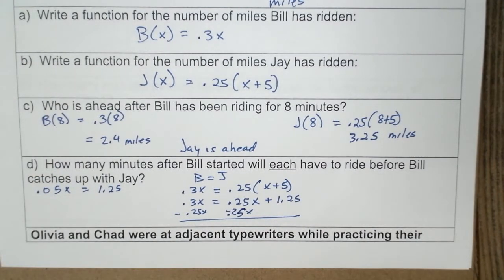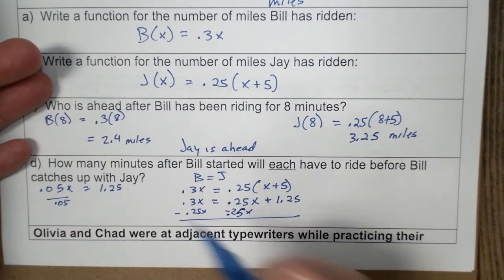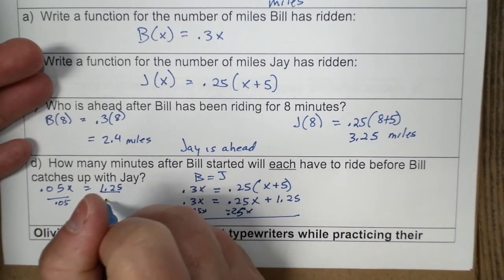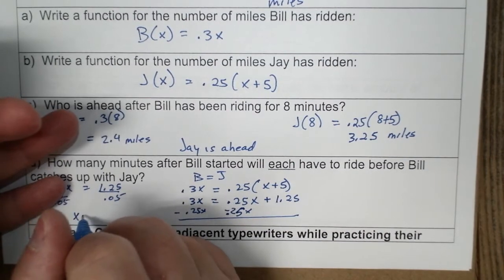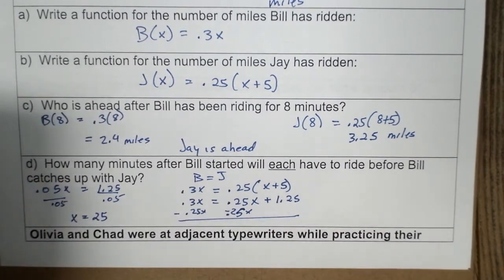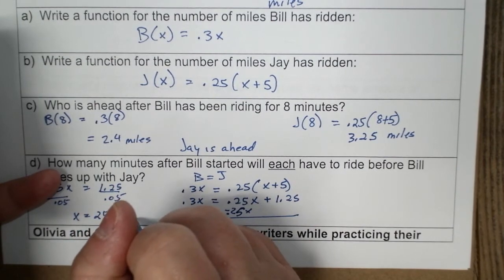I'm going to divide both sides by 0.05, and divide this by 0.05. And x equals 25. And x was, the label was minutes.